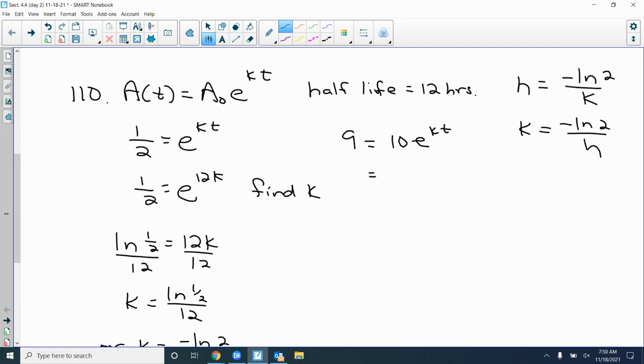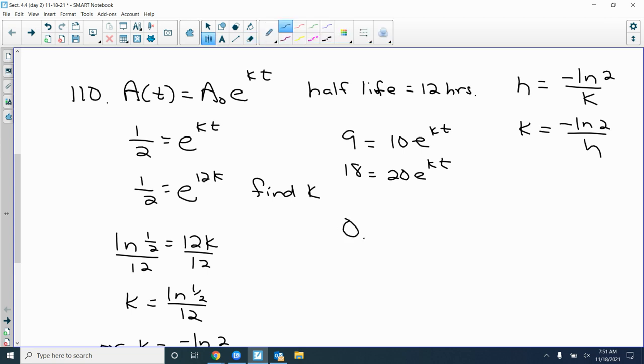If you start with 20, we're going to be left with what? 18. What happens when you divide by 10 and what happens when you divide by 20? What are you going to be left with on the other side? 0.9. So really, we're just going to have 0.9 equals. So even though they don't give us an amount to start with, it doesn't matter.